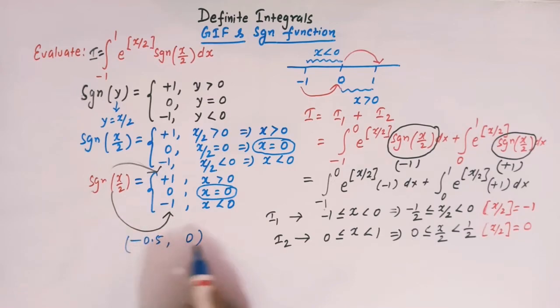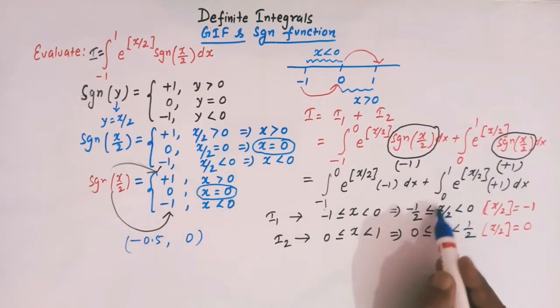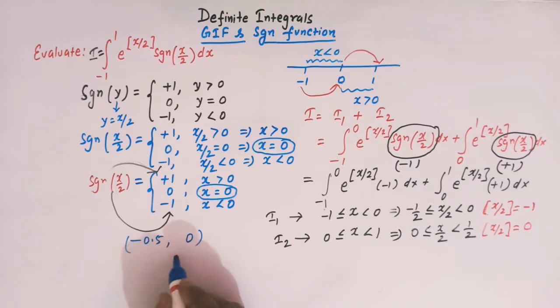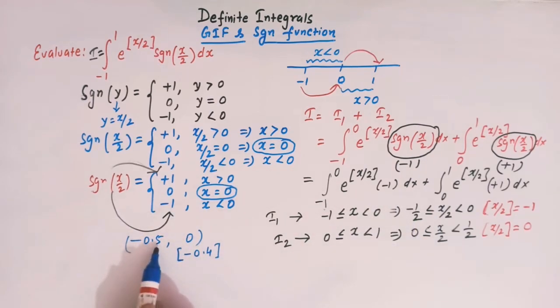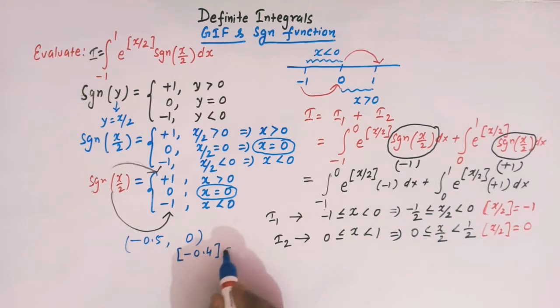So if we take any value of x over 2, say for example minus 0.4, it lies between minus 0.5 and 0, and by definition of greatest integer function, the value of greatest integer of minus 0.4 is the greatest integer less than or equal to minus 0.4, right? So this is obviously minus 1, right?